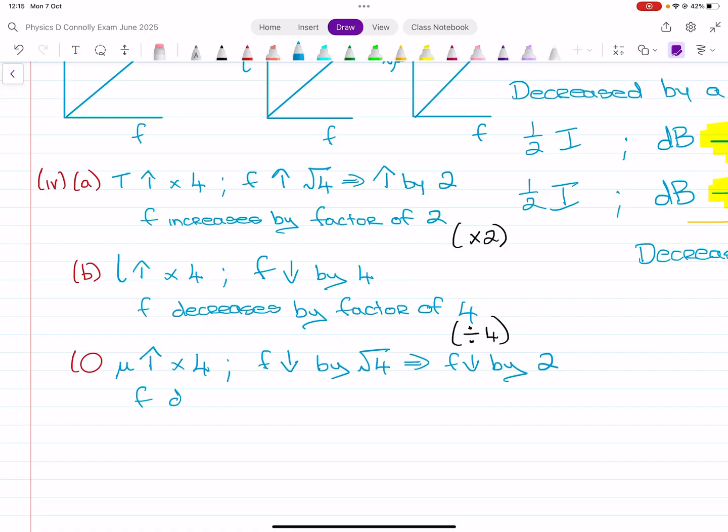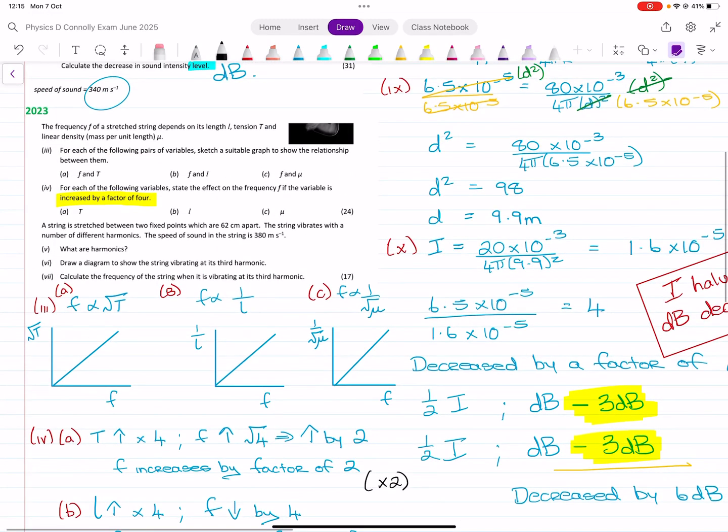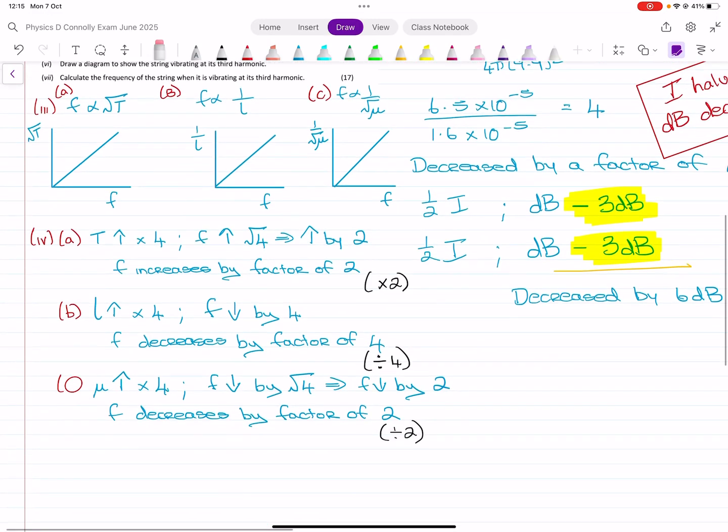So frequency decreases by a factor of 2, or in more plain language, frequency divides by 2. Let me just check that's right. Yes, it is.